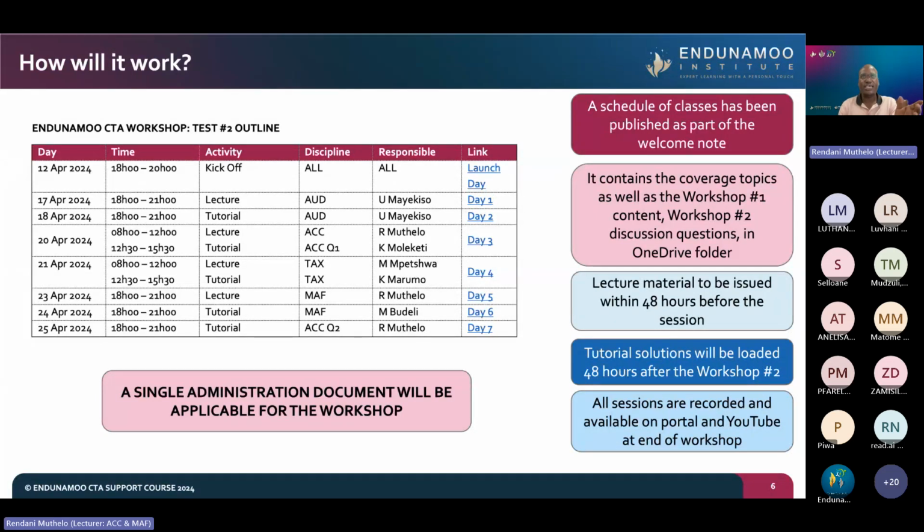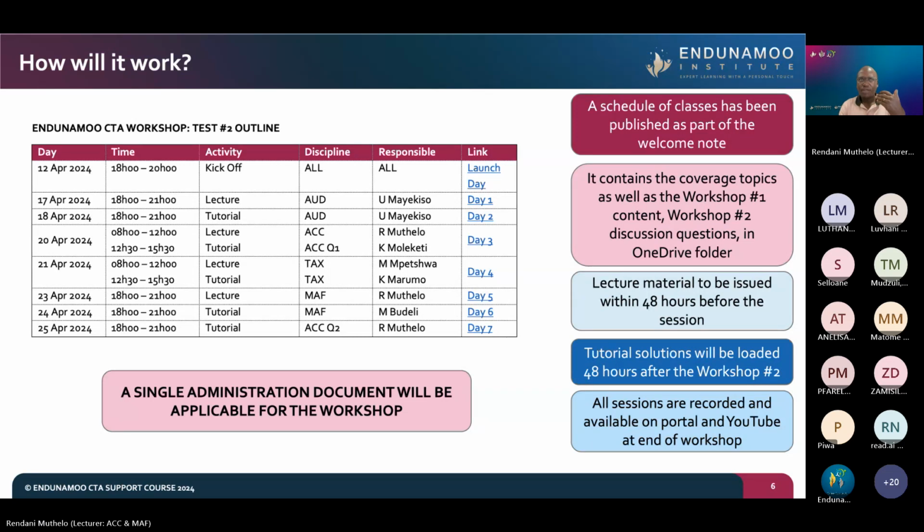Then additionally, the links to the material will provide you with the workshop 1 content. If you missed any of those, then you will still be able to access it from there. So we'll just be adding onto it now workshop 2 content.